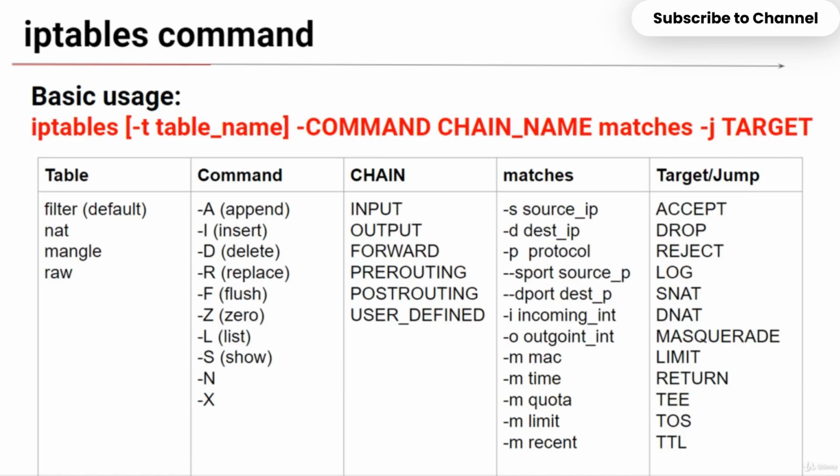In this lecture, we'll talk about the iptables command. iptables is the user space component used to configure netfilter, the kernel framework that does the actual filtering. It's said that iptables belongs to user space and netfilter belongs to kernel space. So we can interact with netfilter using the iptables command.